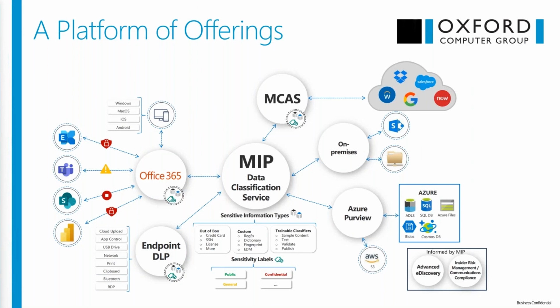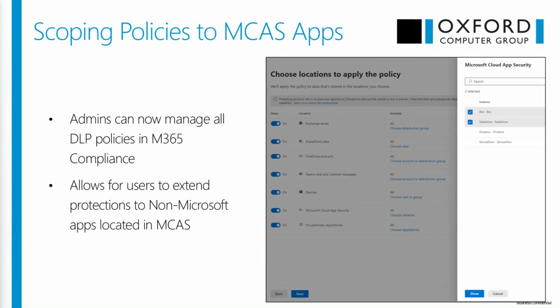On the left, you have the user productivity tools with O365 and its constituent components, and the endpoint DLP that you can enable. Of course, it's now Azure Purview for that data governance, and MCAS integrating with those third-party SaaS applications. But you can now scope policies to MCAS apps.